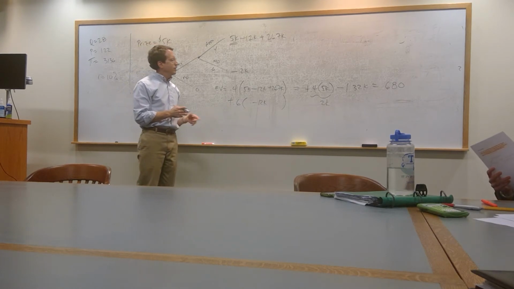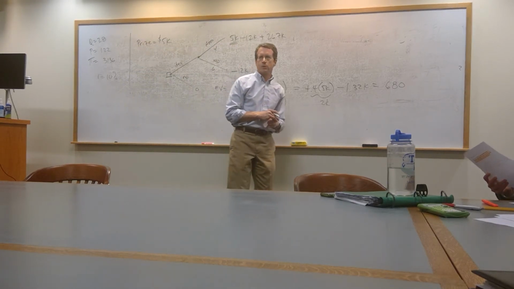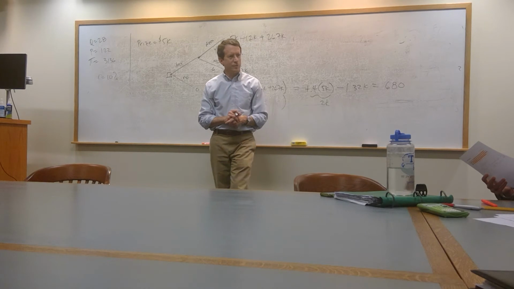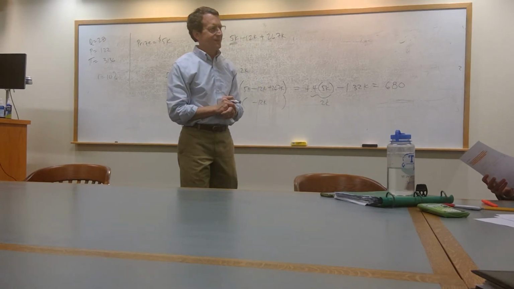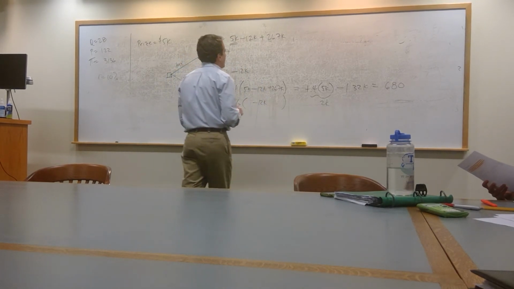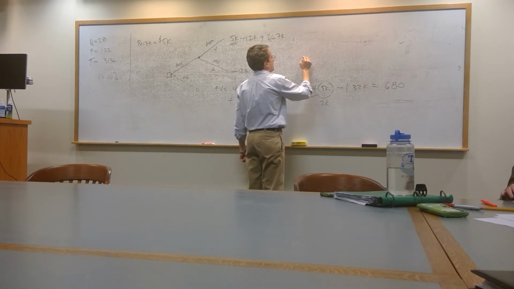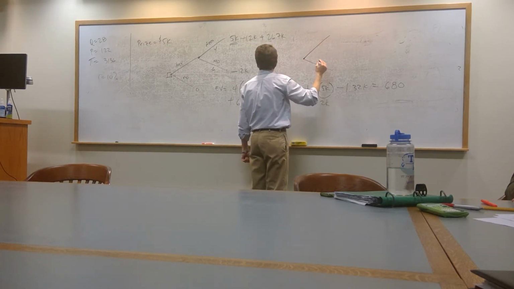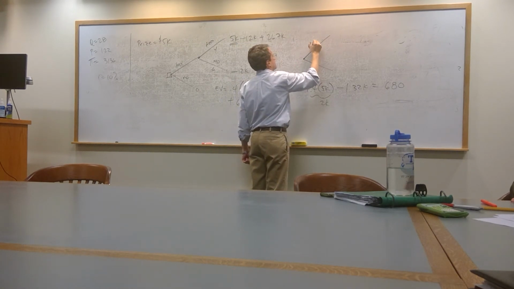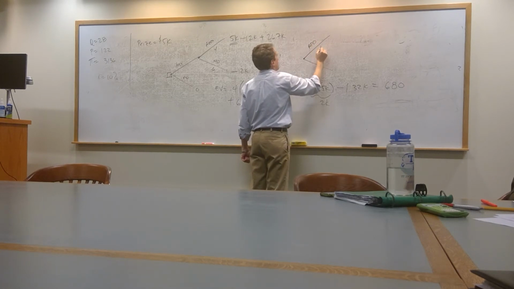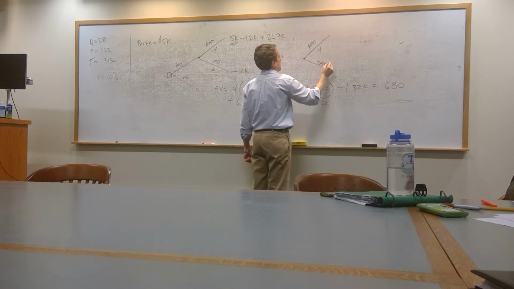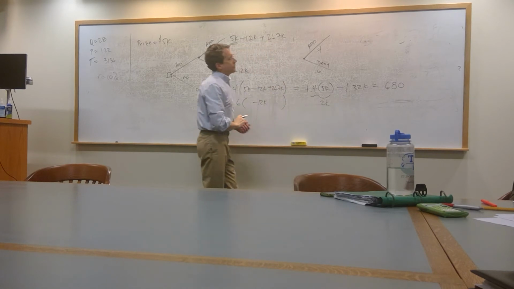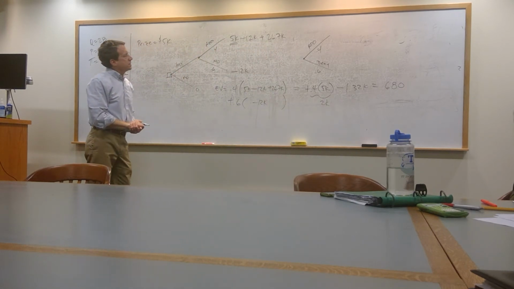Okay, and the very last thing says, would it be efficient for the government to fund the prize? From the government's point of view, if it goes ahead with this, it funds the prize.